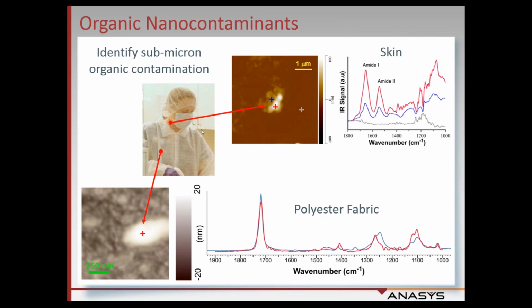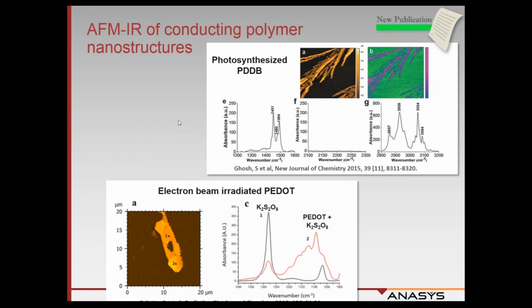There's also been a lot of recent work on conducting polymers, and AFMIR has been used to look at conducting polymer nanostructures. These are examples from two different publications of radiation synthesized conducting polymers. In the top example, it's photosynthesized PDDB, and by looking at the amplitudes of some of these peaks, they can measure the degree of polymerization in these little nanostructures.